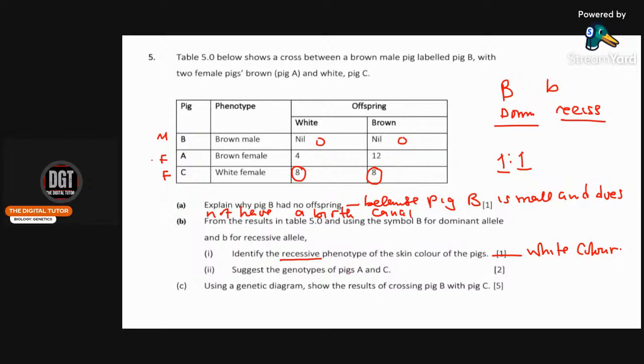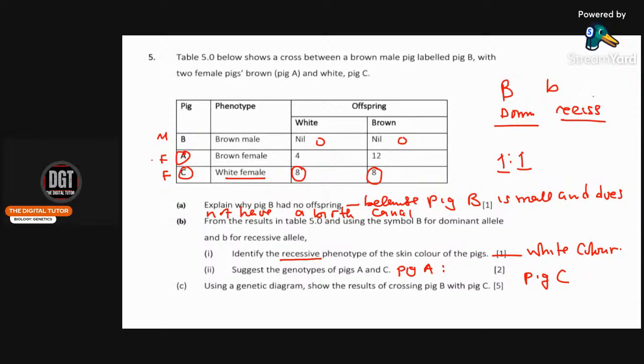Then suggest the genotype of pig A and C. So pig A and C, what are the genotypes? Since we are saying the recessive is white, pig C, we are sure this one is white.